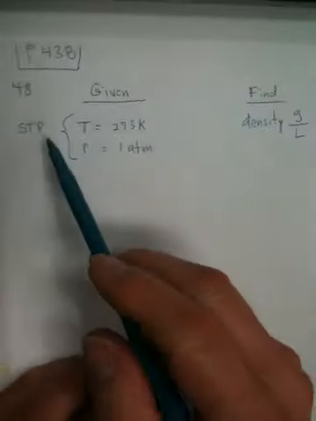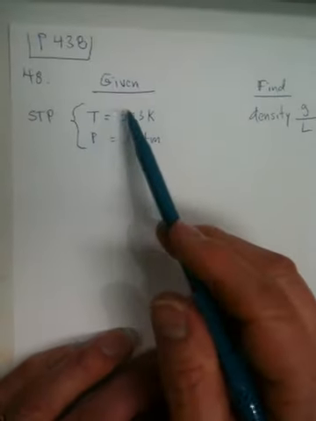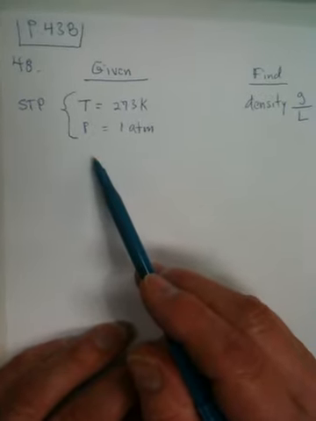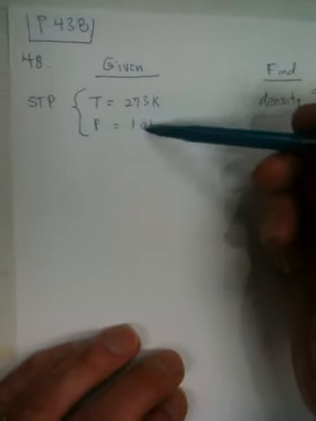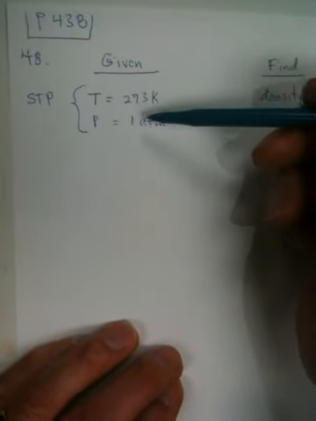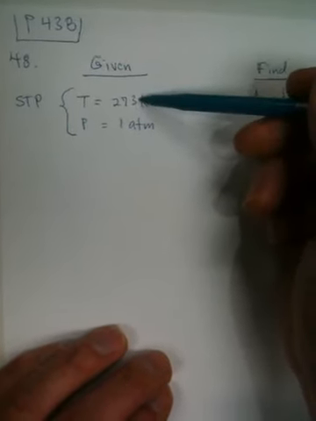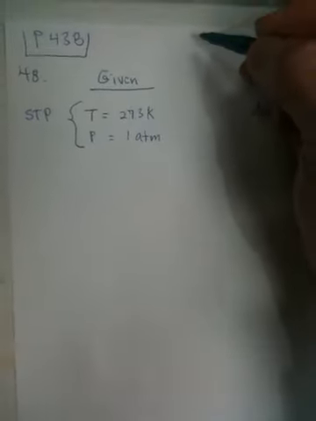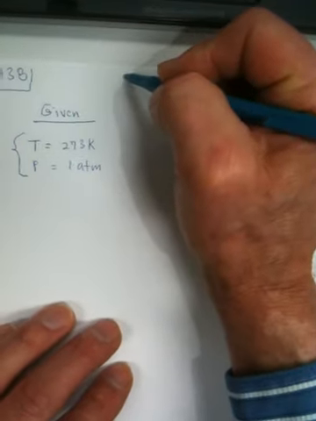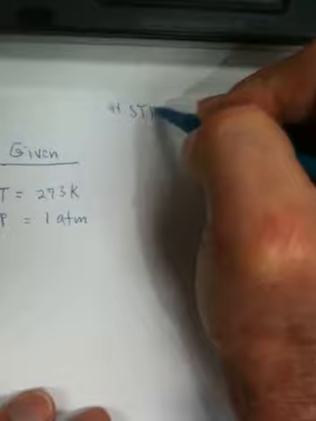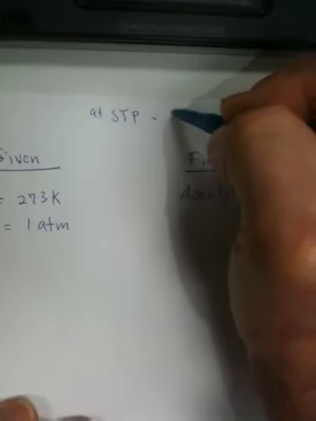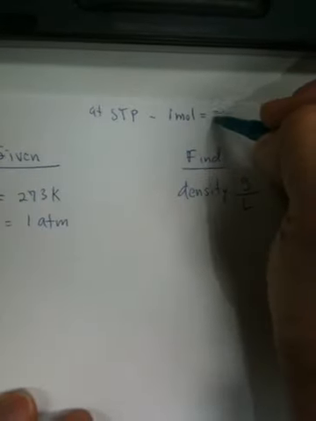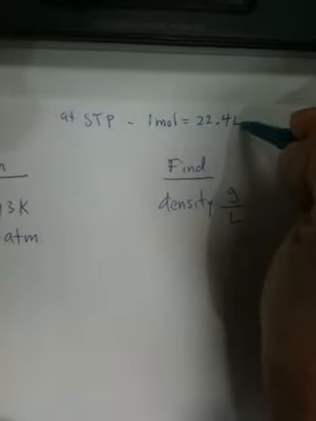Now, there's something special that happens with STP, and the reason I'm going down the ladder here and I'm going to use all the PV and RT stuff is because that helps everything relate to everything else. STP has set us at 1 atmosphere and 273 degrees Kelvin. However, we also know something else that I want to put as a little side note here for you, that at STP, 1 mole of a gas is always equal to 22.4 liters.